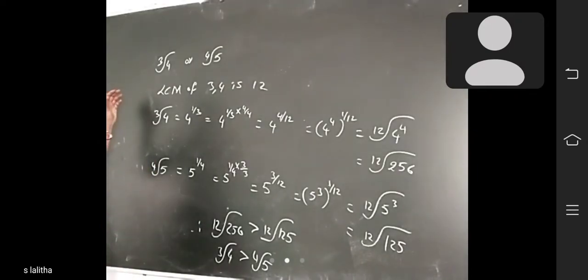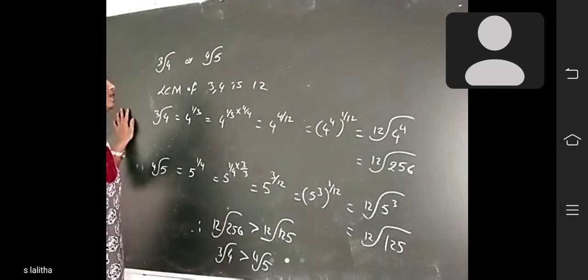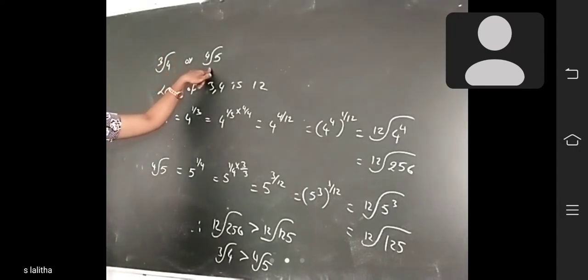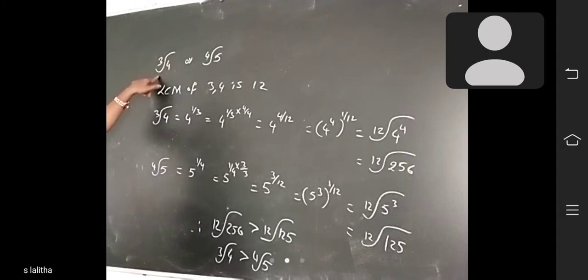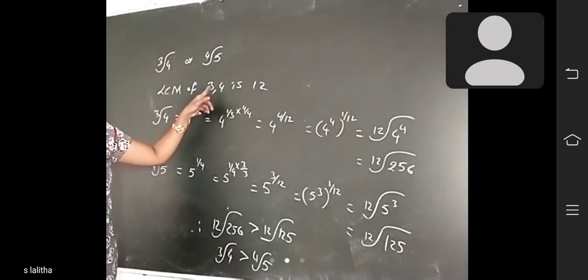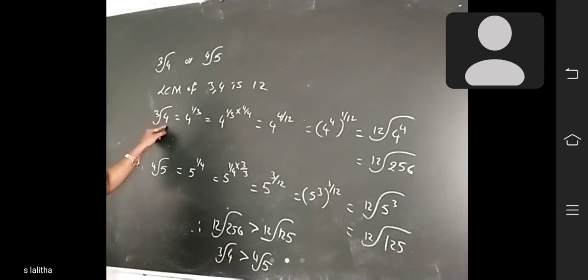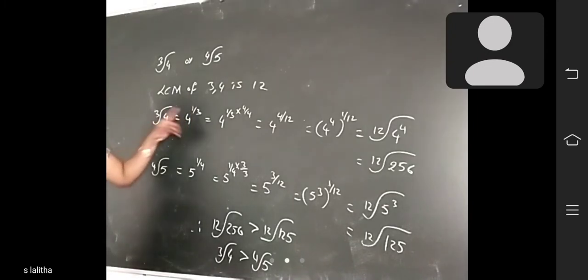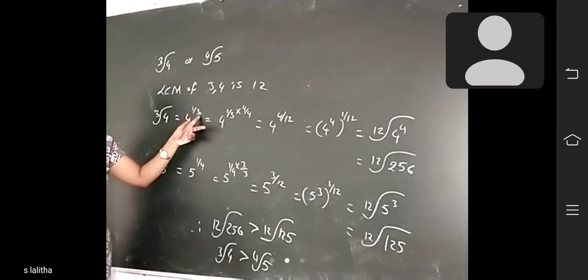Okay. So how to compare surds? First, if they are different surds, you should first find the LCM of the orders. What is the order here? Third order here, fourth order here. Find the LCM. Next, the cube root of 4. How can you write 4 power 1 by 3? Here the denominator is 3.